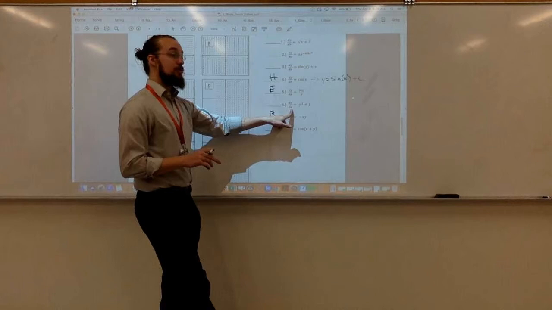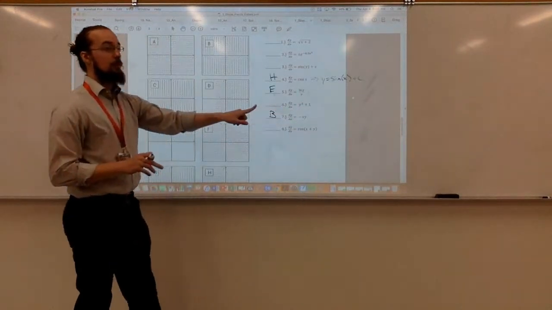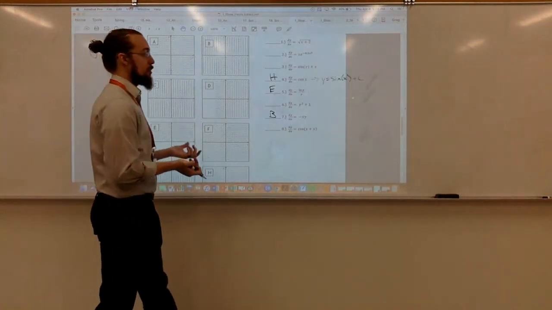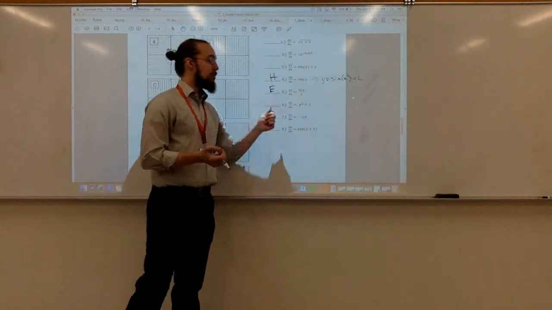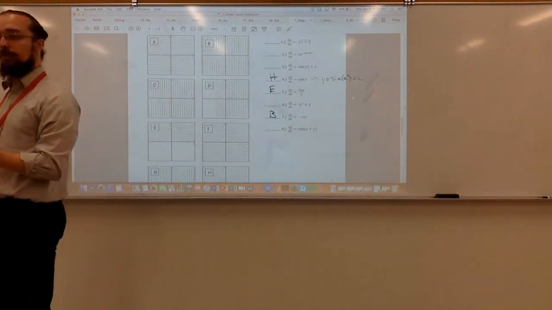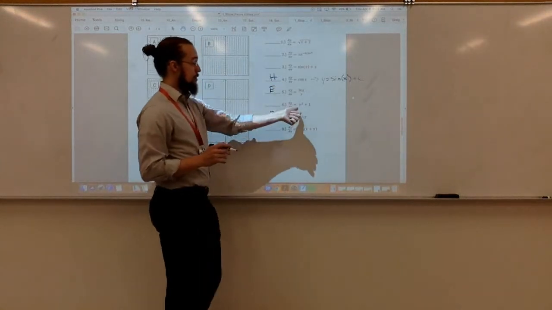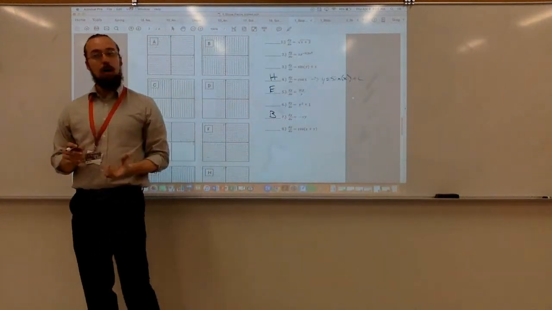Well, remember this is the derivative. So we're thinking about pictures of the antiderivative. So one other thing we could use, if our derivative is just in terms of one variable, like in number 1 here, it's just in terms of x. In number 6, it's just in terms of y.